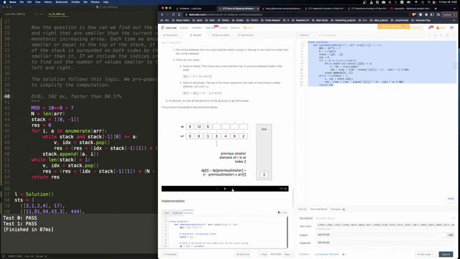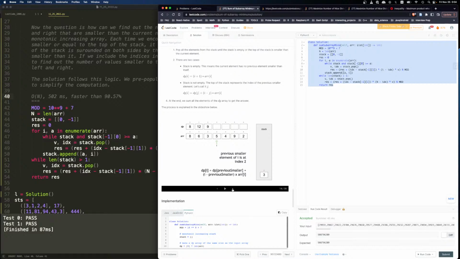So now the current one comes in. If it's bigger, then I need to know the number of values in between, because it's a monotonic array, right? Wait, hold on.